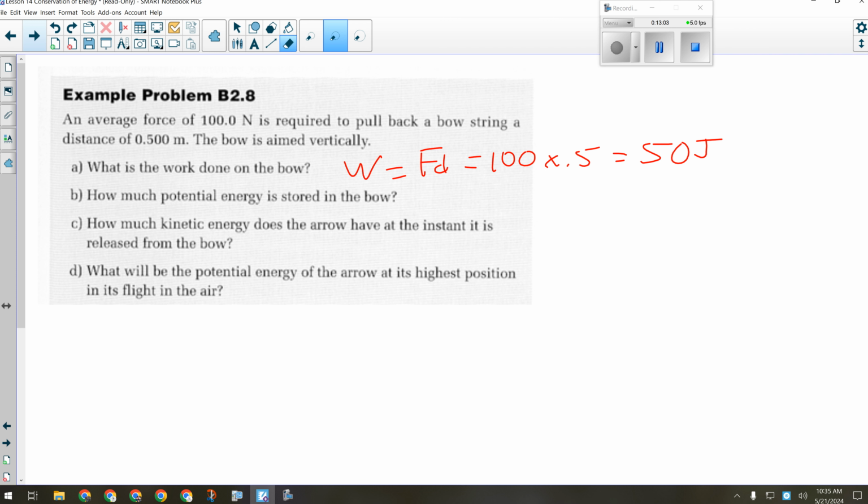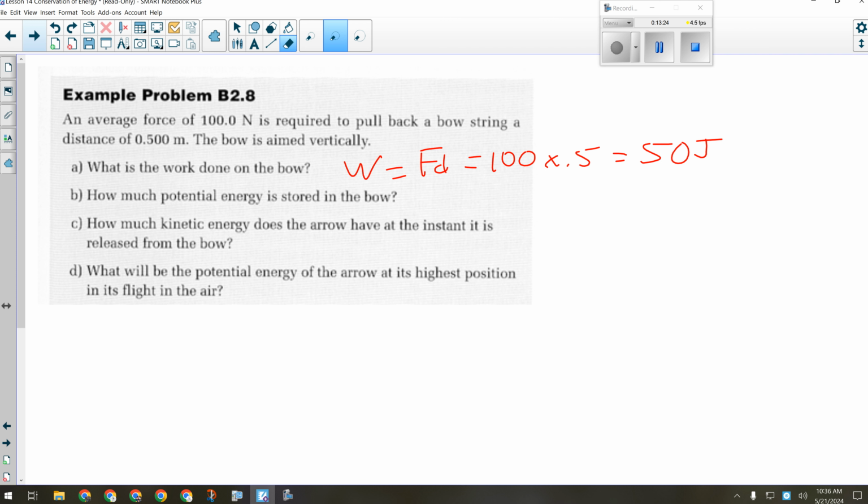The rest of this question is conservation of energy. Law of conservation of energy says that once energy is in a system, it must be conserved. That is, it has to be in that system, always, unless that system does work on something else. This isn't talking about that.